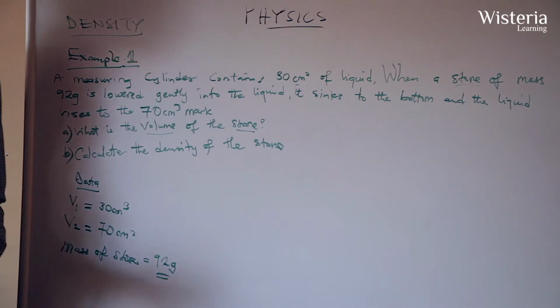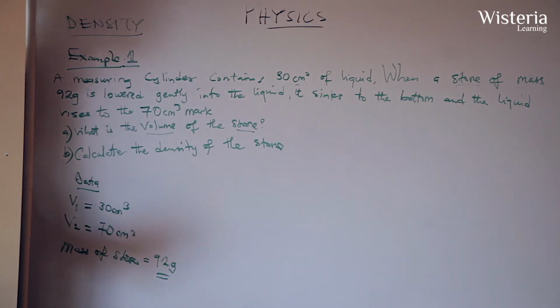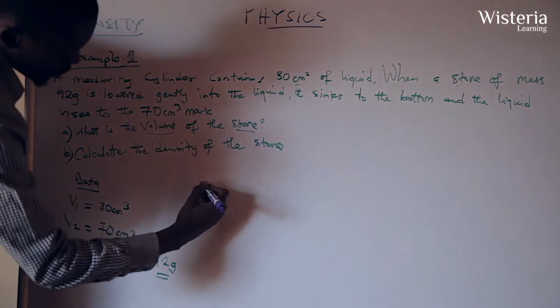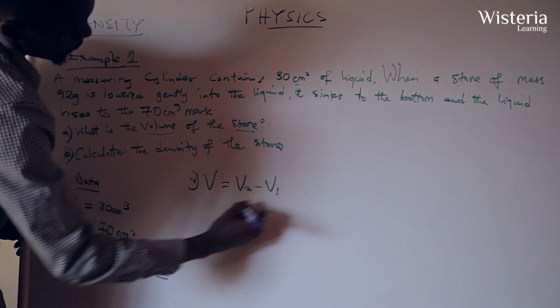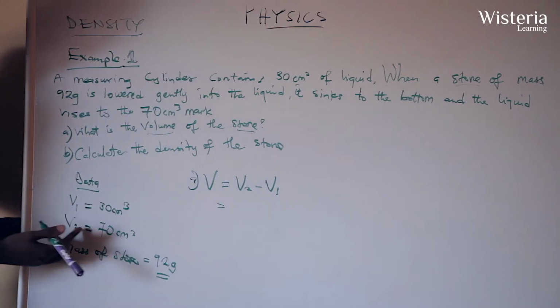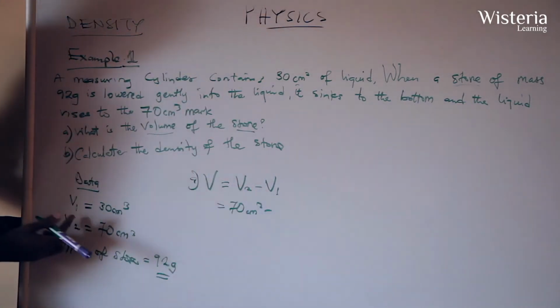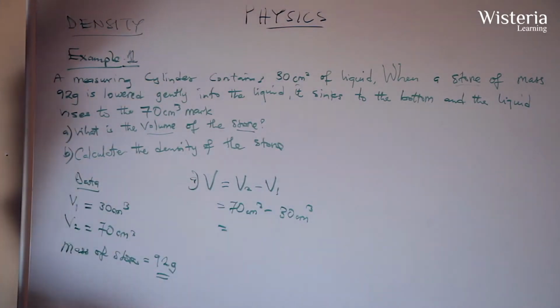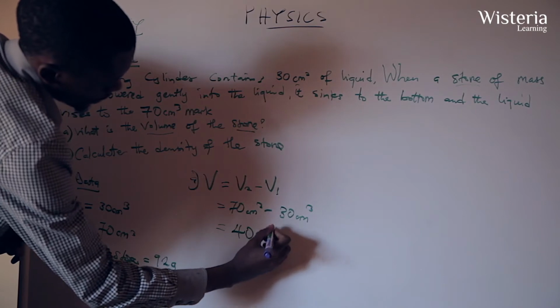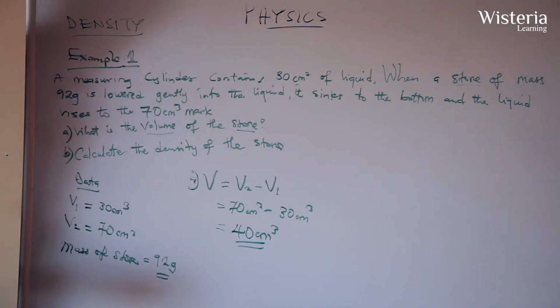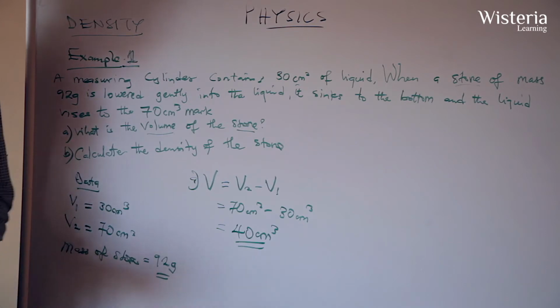The stone is an irregularly shaped object, so we can determine it using the formula we discussed. The volume of the stone equals V2 minus V1. Our V2 is 70 and our V1 is 30. If we do our arithmetic, that will give us 40 cubic centimeters. So that's the volume of the stone in our example.